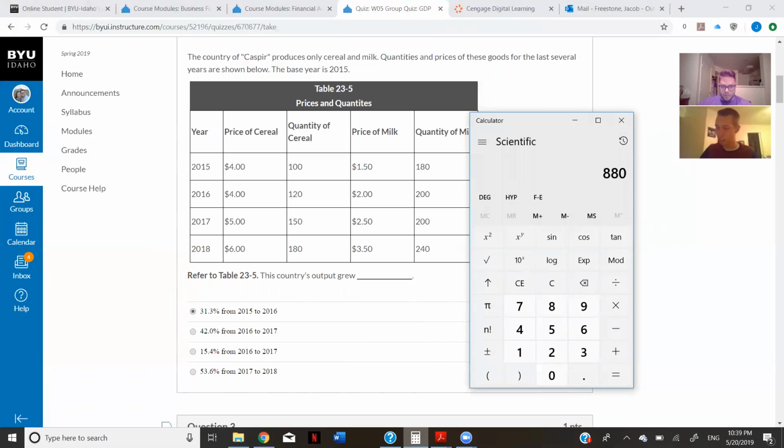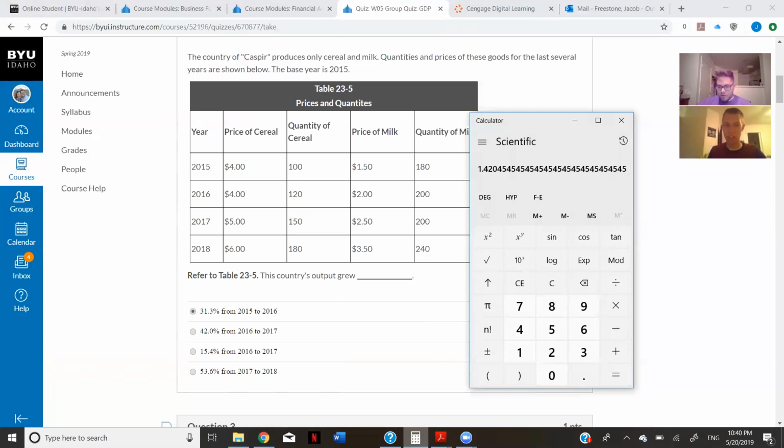Yeah, I got that. 5 times 150, 2.5 times 200 equals 952.5. Wait, did I do that right? That wasn't the number I got before, I don't think. 5 times 150 is 750 plus 500, yeah, 1250, right? So 1250 divided by 880 is 1.420.